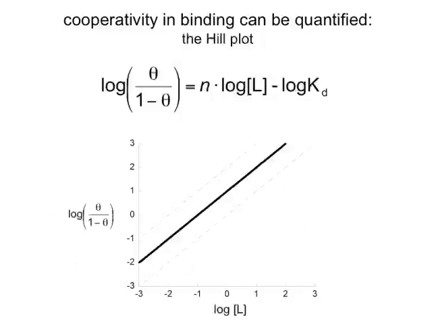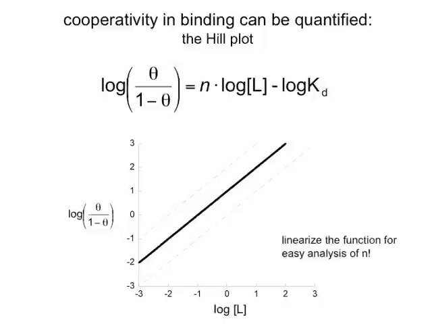So we'll work on how to derive this equation ourselves in class, but it's a very straightforward bit of algebra, and we can express the log of the fraction bound over 1 minus the fraction bound in terms of the ligand concentration, the KD, and this Hill coefficient that gives us a sense of the relative cooperativity.